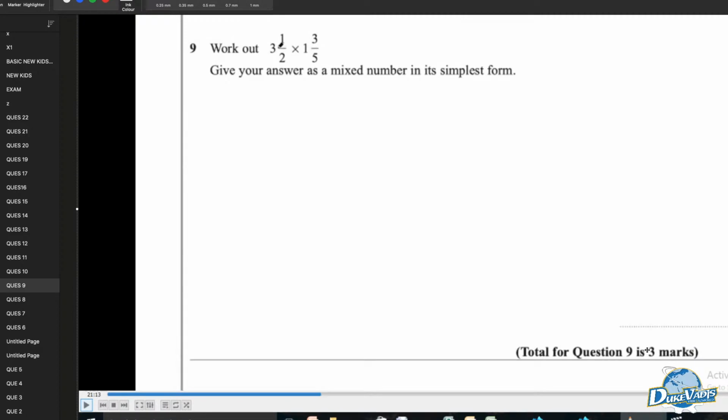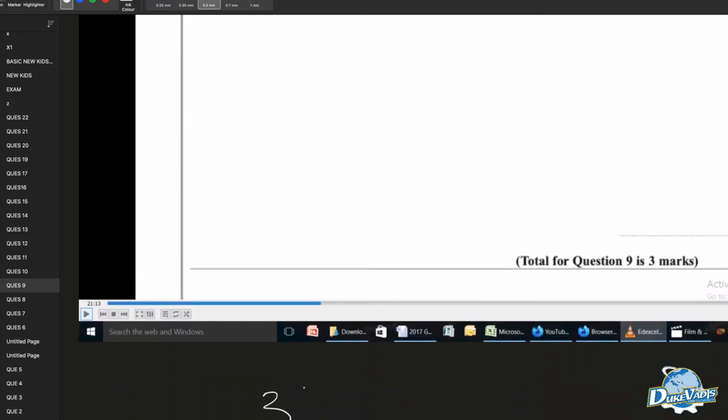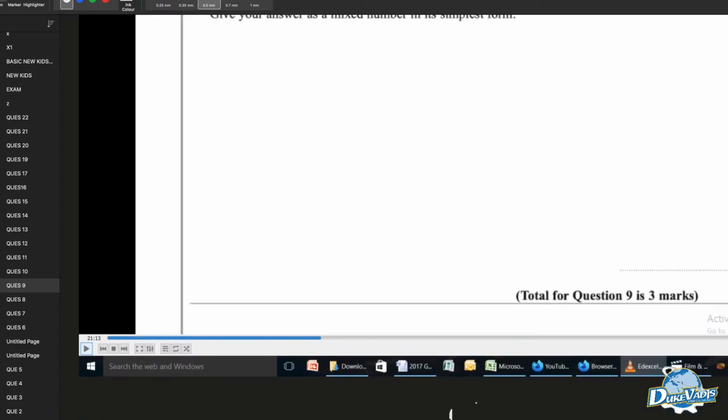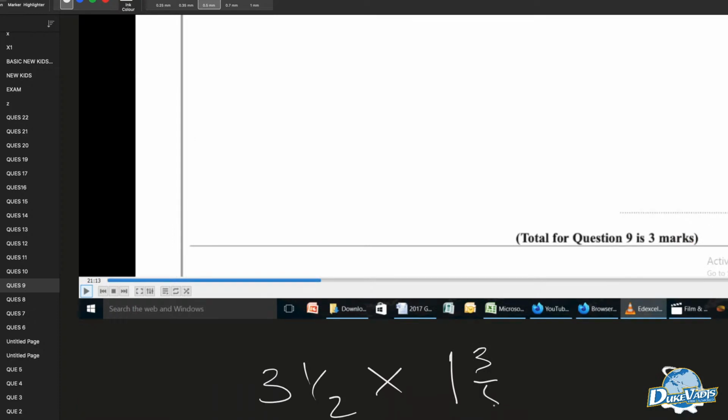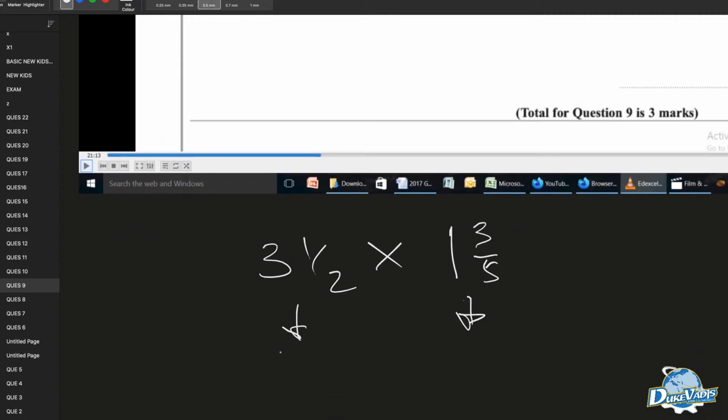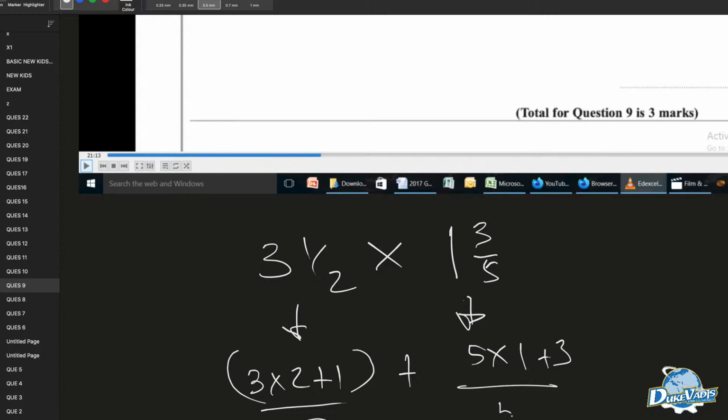So we have 3 and 1 over 2 multiplying 1 and 3 over 5. See friends, this is another quick one. First of all, you have to convert them. 3 times 2 plus 1, all over 2, and this one is 5 times 1 plus 3, all over 5.